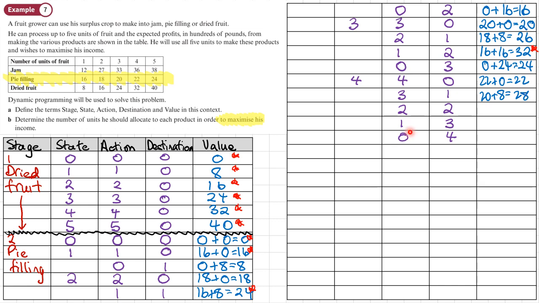2 and 2, using up 2, would be 18. And passing on 2 would be 16, so that's going to be 18 plus 16, that's 34.